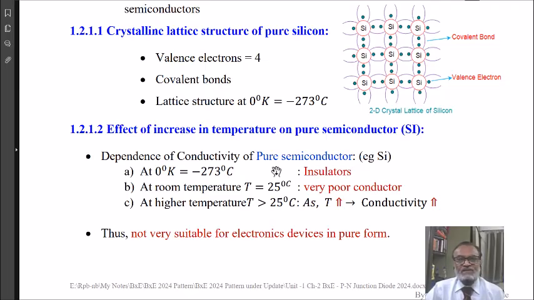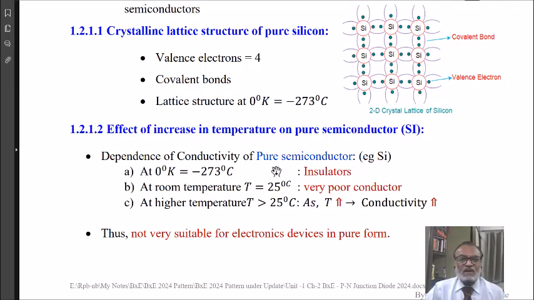If sufficient energy is injected in the material, they can cross the energy gap of the material from valence band to conduction band. And then these electrons are available for conduction under the application of external field.